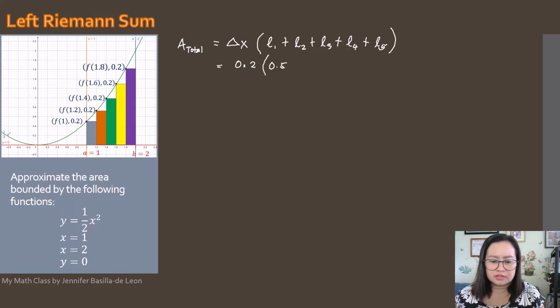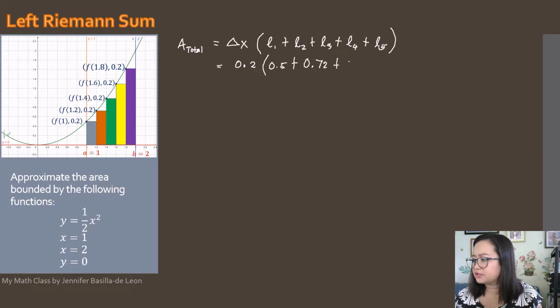Now take note that L sub 1 is 0.5, L sub 2 is 0.72, and then L sub 3 is 0.98. The length of the fourth rectangle is 1.28, and the length of the fifth rectangle is 1.62.